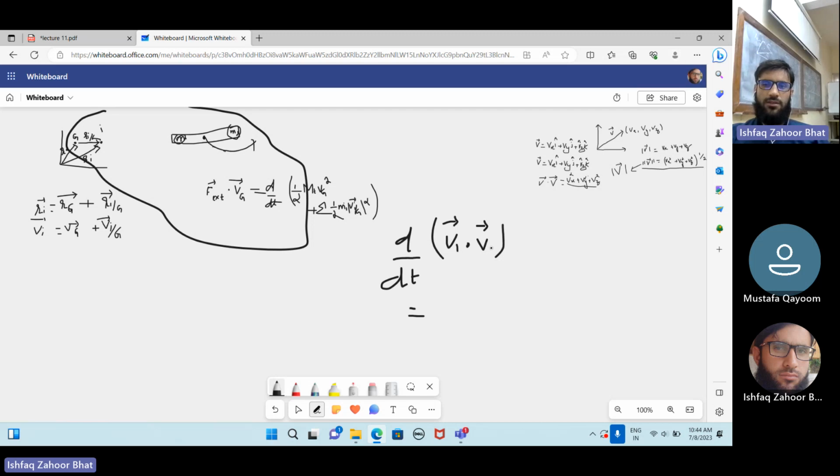Let this be v1 and this be v2. So what we can do is take the derivative of the first vector. This is not the chain rule, this is the product rule. v1 dot the derivative of the second vector, that is v2 dot, plus the derivative of the first vector dot the second vector.